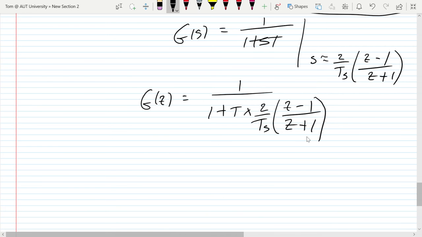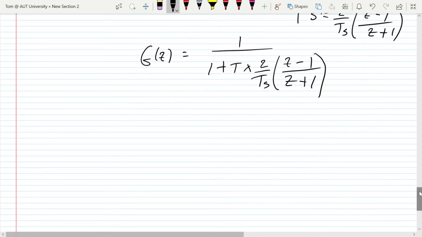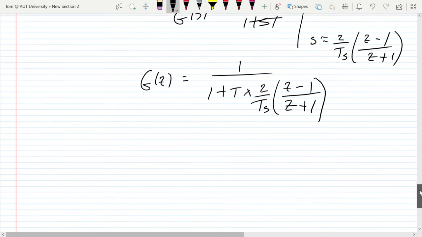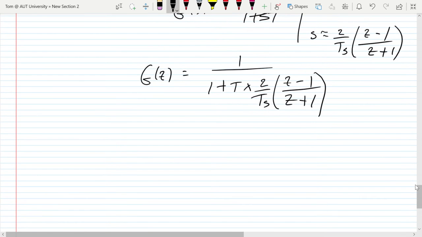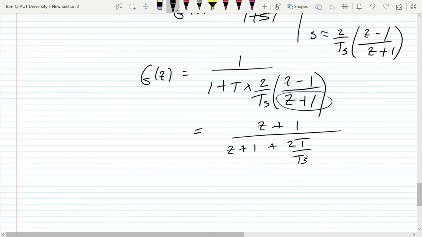So this talk isn't just for students, it's for people who want to make simple filters in their programs. So anyway, how do we simplify that? It's basic algebra. We can just multiply the numerator by z plus 1, and then we get z plus 1 in the denominator, plus 2T over Ts, times z minus 1.